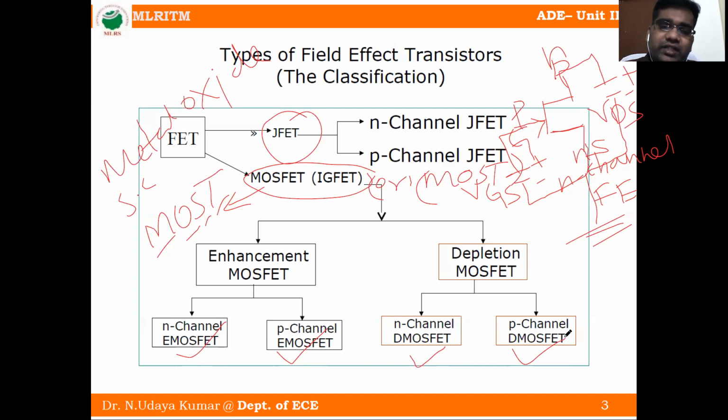But the symbols are different. For the enhancement type there is one symbol, another, and another, so 4 symbols of FETs. In GATE, the Graduate Aptitude Test in Engineering, these symbols are also asked, such as which one is the N-channel enhancement MOSFET among the 4.